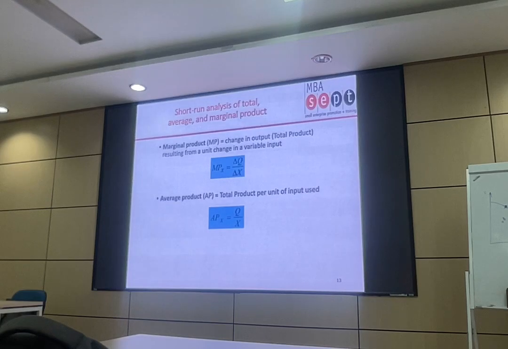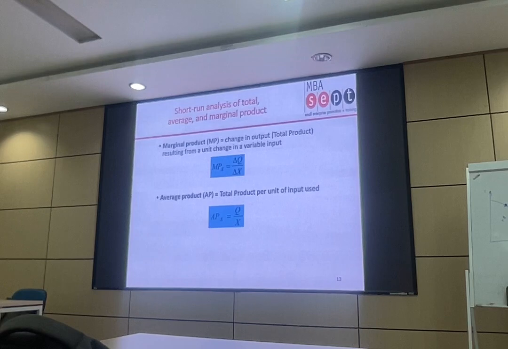And for production, you have to get familiar with the definition of marginal product. Do you remember one of the principles of economics I mentioned yesterday relating to margin? Rational people think at the margin.